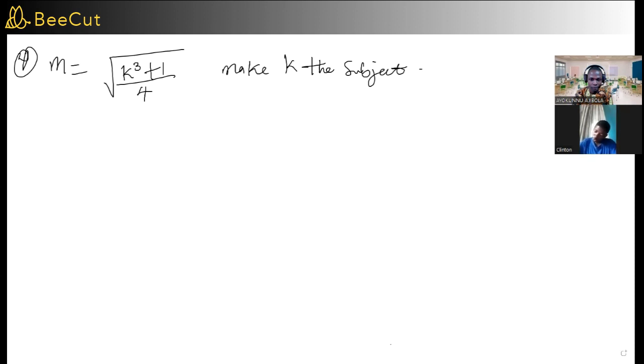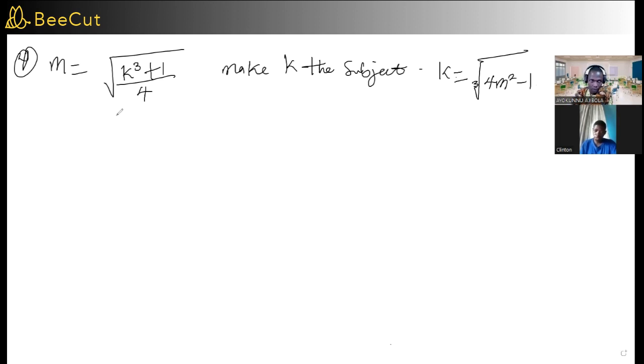K equals the cube root of 4M squared minus 1. The cube root of 4M squared, right? Minus 1.